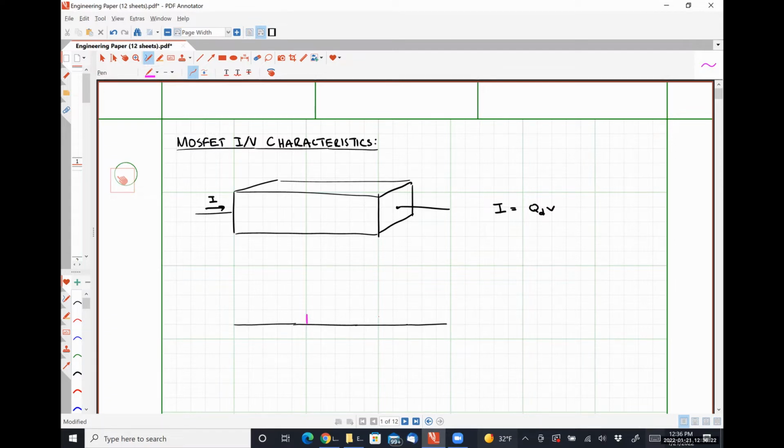And then let's put our gate here, and say that this region here is our drain.